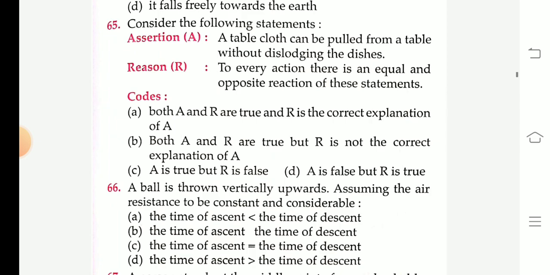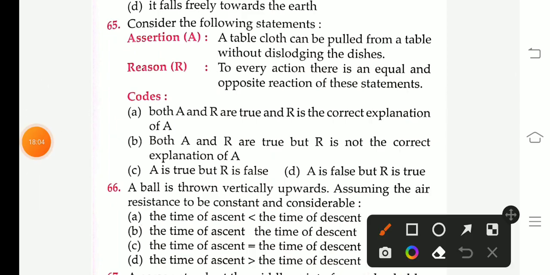Consider the following statements. Assertion A: a table cloth can be pulled from a table without dislodging the dishes.